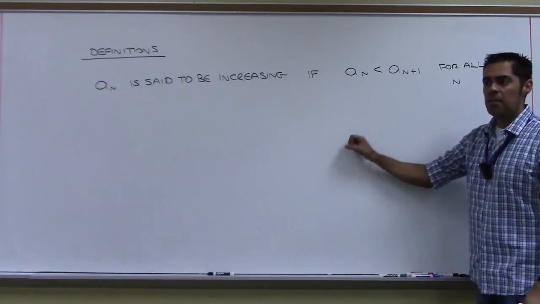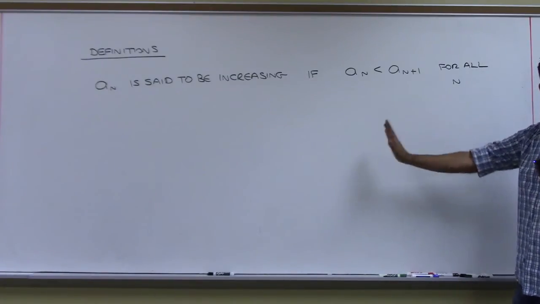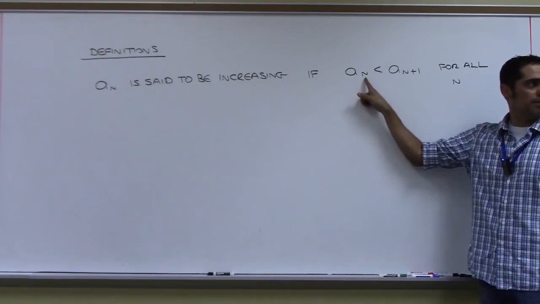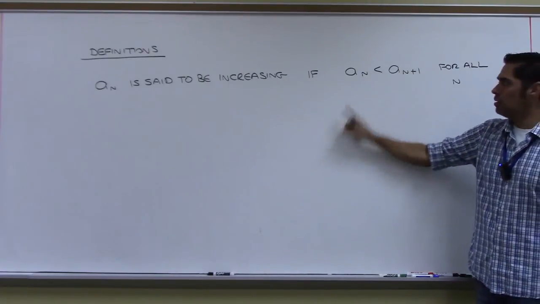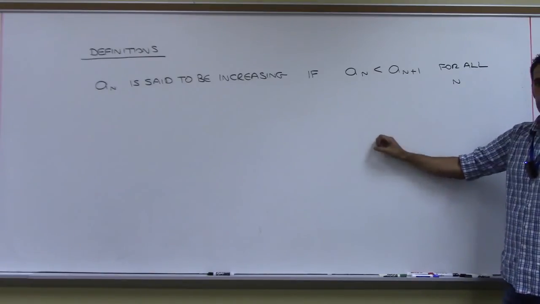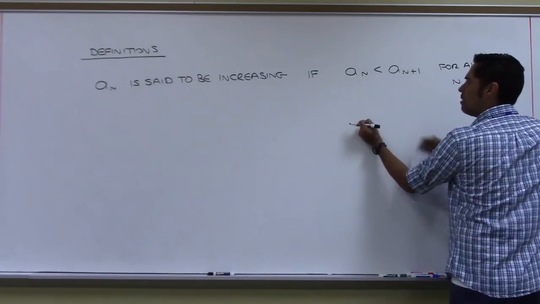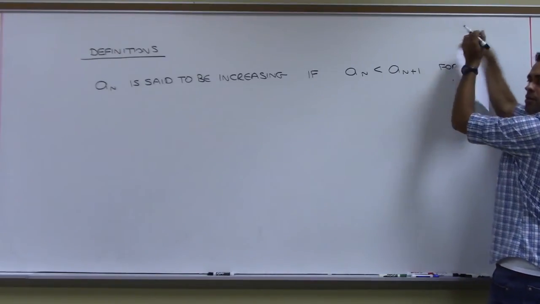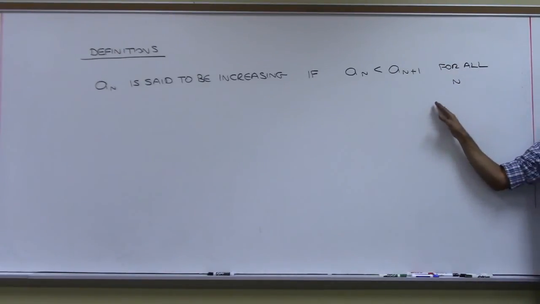An increasing sequence should go up, right? As you move from left to right, it should go up. So the nth term of the sequence should always be smaller than the next one, shouldn't it? So this one would be here, the next one would be above it, and then the next one after that would be above that one, and so on and so forth. So that's what it would mean to be an increasing sequence.